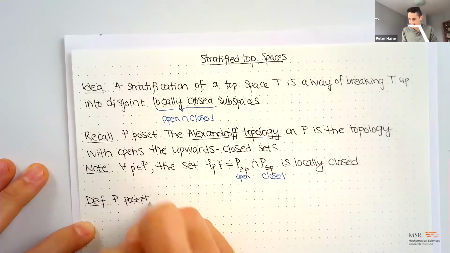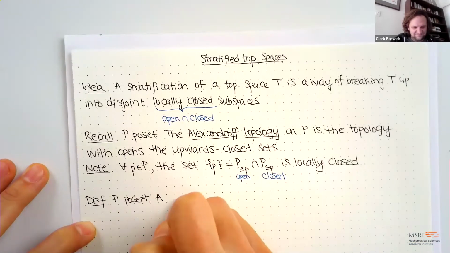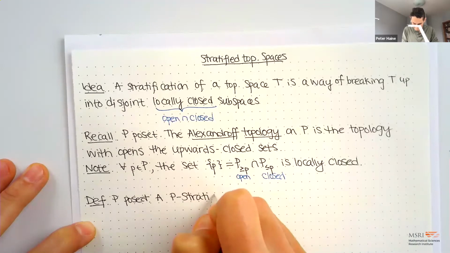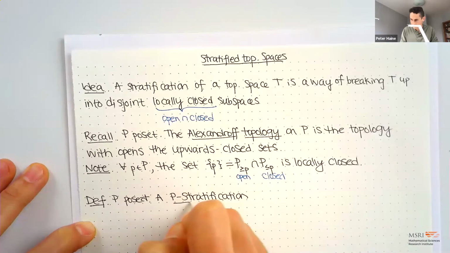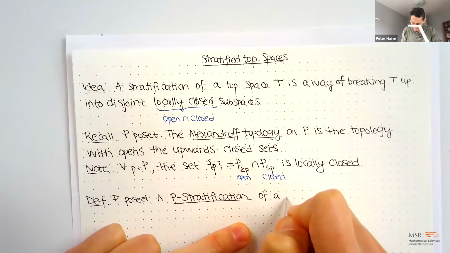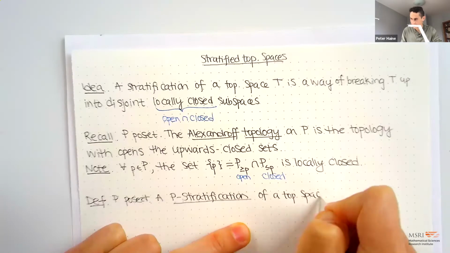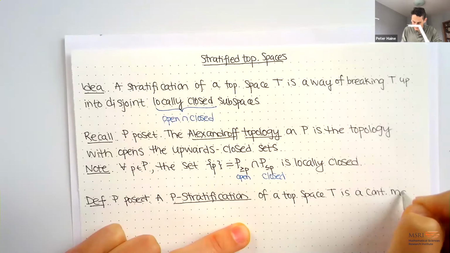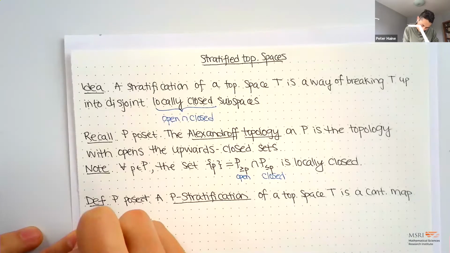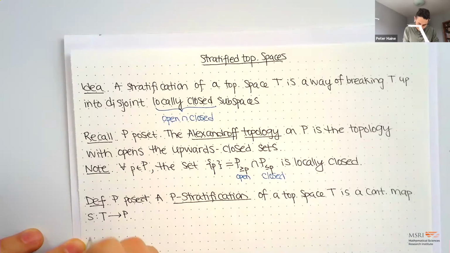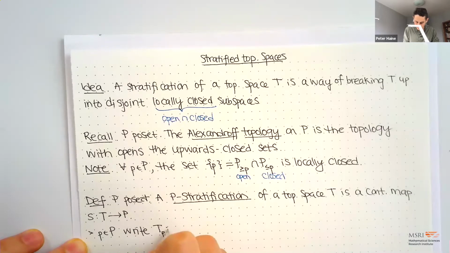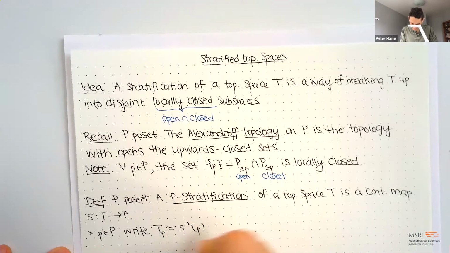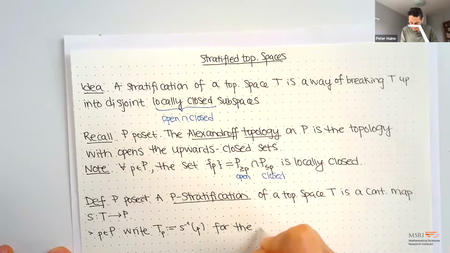A P-stratification of a topological space, let's call it T, is just a continuous map, let's call it S for stratification, from T down to P. And for p in P, write T_p for the inverse image of the point p. This is called the pth stratum.